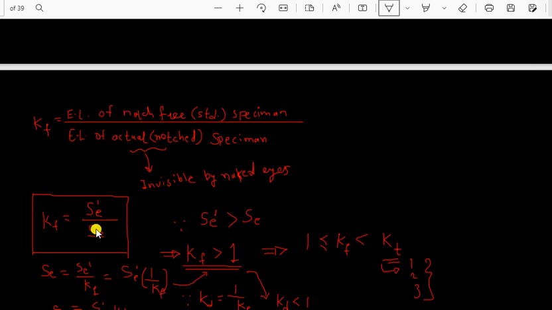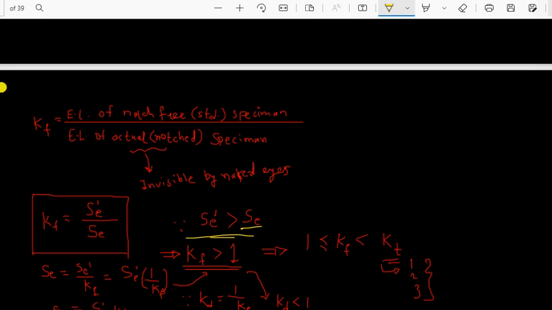So this endurance limit for notch free, that means standard specimen, will always have a higher value than the actual endurance limit. Okay, here we can say that SE dash will always be greater.